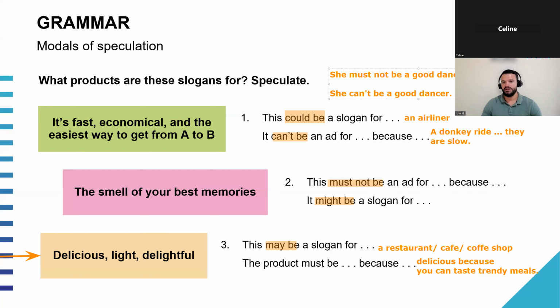And then when you say she must not be, maybe this is a little bit lower, like 90%, right? So you're very sure, but it's not as strong. So can't be, there's no possibility, right? No possibility. And must not be, it's strong, but not as strong, okay? Yes, thank you, teacher. You're welcome. Any other questions?